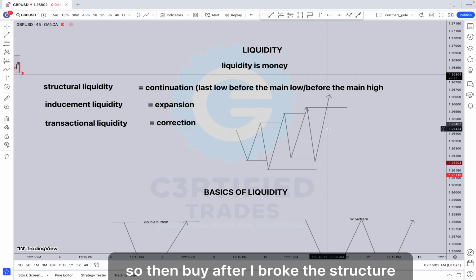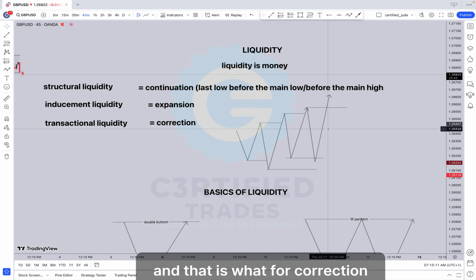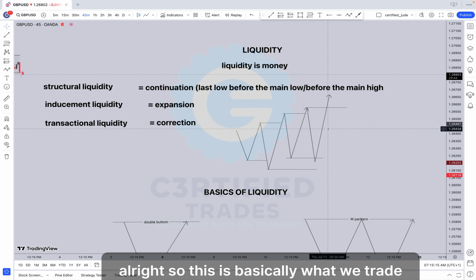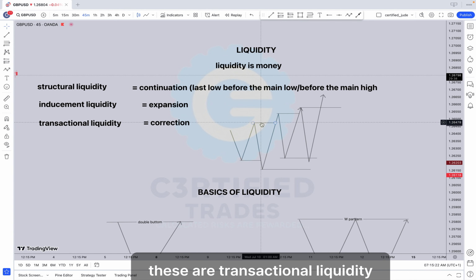After it broke the structure, because the structure is a liquidity, come down, go up. It is used for transaction, and that is for correction. All right, so this is basically what we trade. These are transactional liquidity.